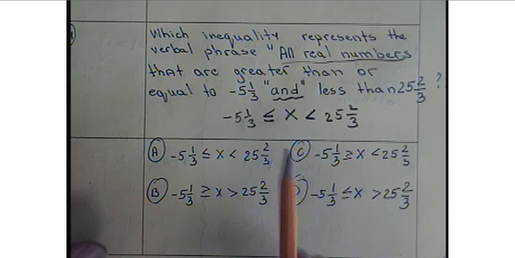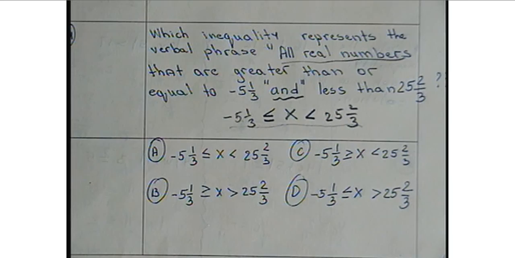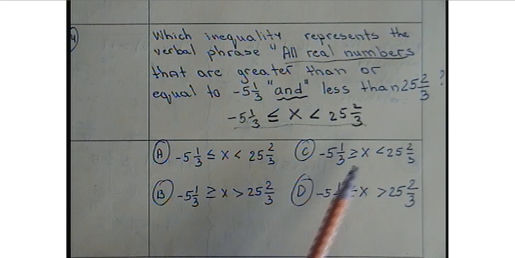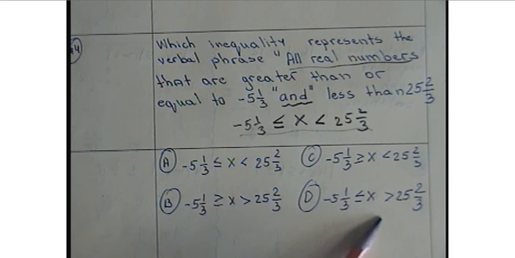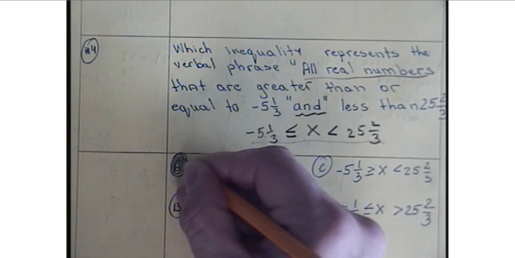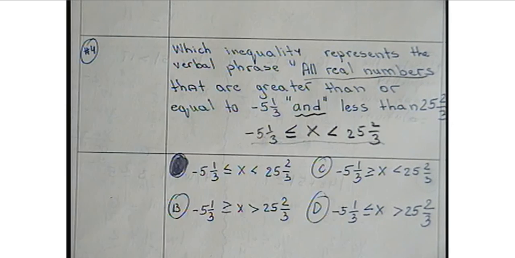So once you construct your own form of the inequality, you can go ahead and see which one corresponds to your choice. Is the first one a good example? Is the second one a good example? Is C a good example, or is D the best choice? And if you start matching, definitely you will realize that choice A will be the one that we want to choose in this case.